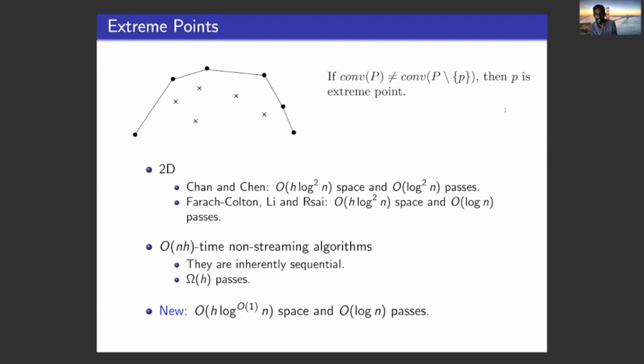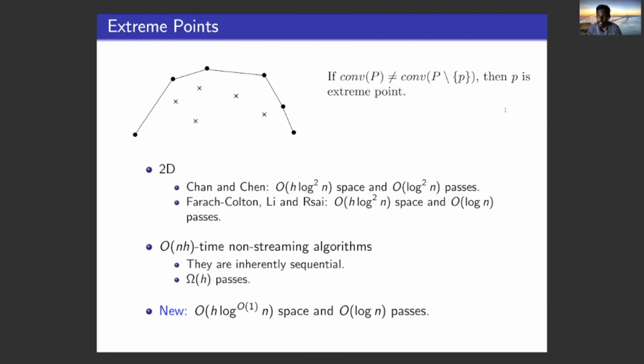There are some log factors attached there. This works for any constant dimension d. What we do is we pick a sample, and then we run many linear programs in parallel and try to find several extreme points in each iteration.